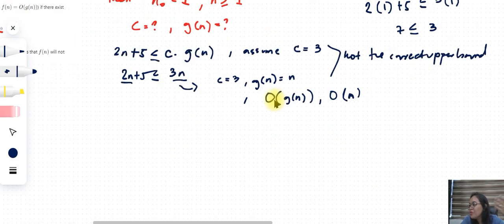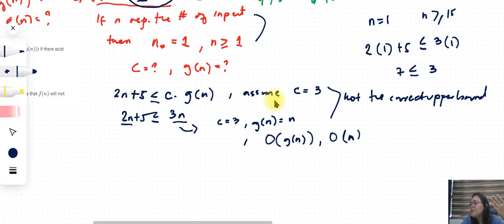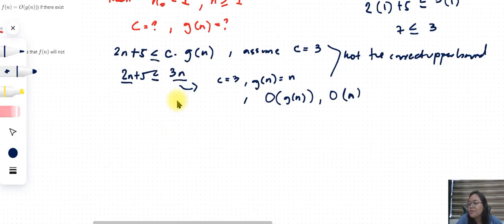Of course, we will conform to the rule that n is equal to 1. How do we do that? The next technique that you could use is the one I usually do, and what I read in the book: 2n plus 5 is less than or equal to c times g of n.